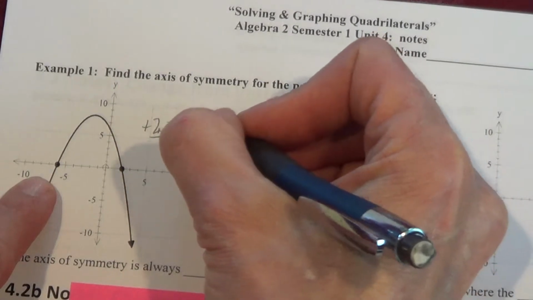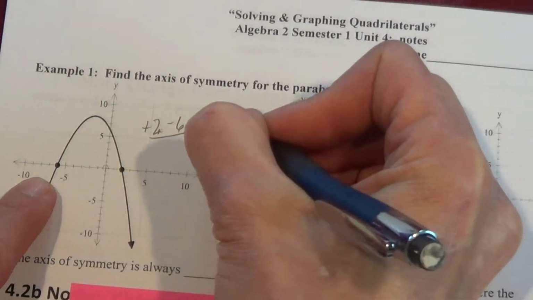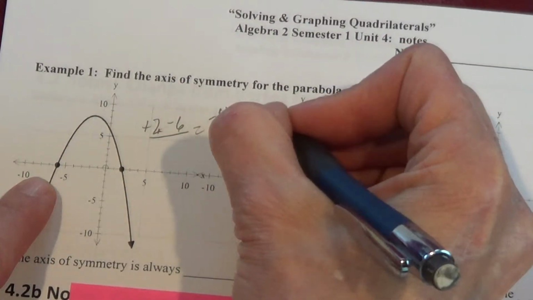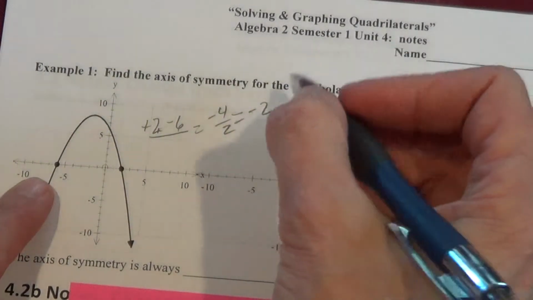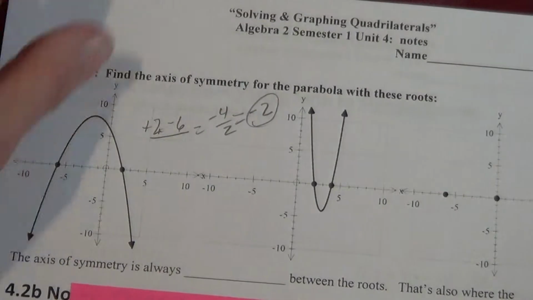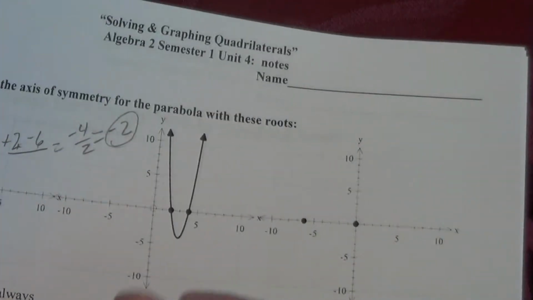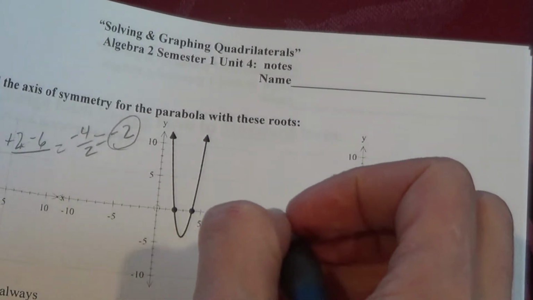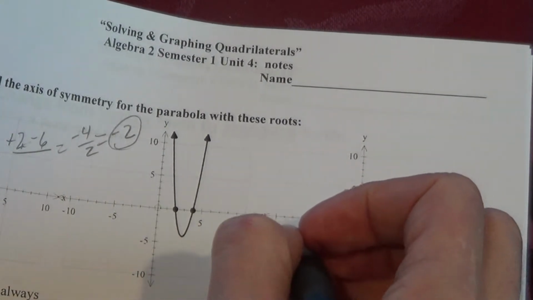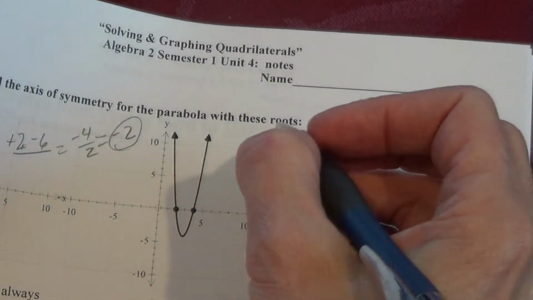Put those together, we get -4 divided by 2 is -2. So that's our axis of symmetry, -2. On this one, it looks as though the points are 4 and 2.